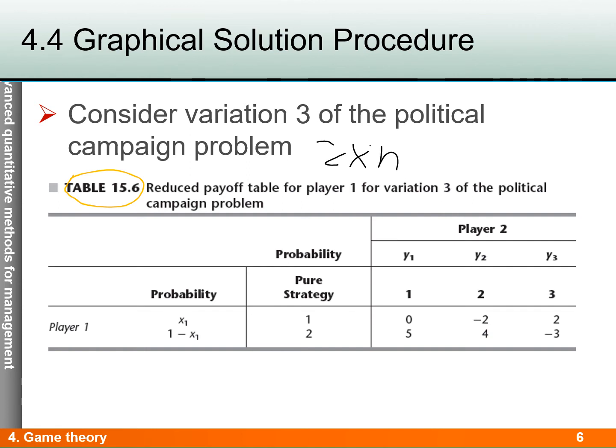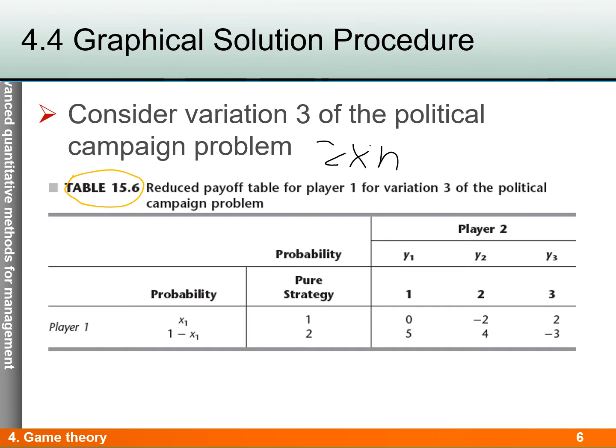Because we have 2 strategies for player 1 and 3 strategies for player 2. As I told you, in these classifications, m and n should be at least 3 or more. As you see here, n has this situation.